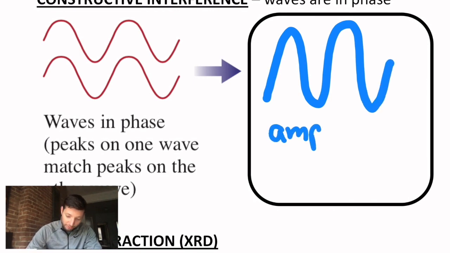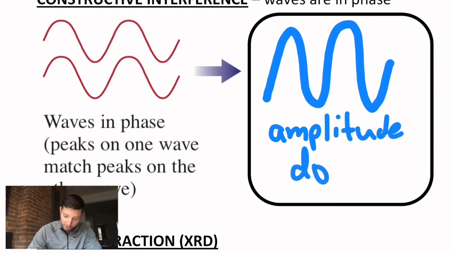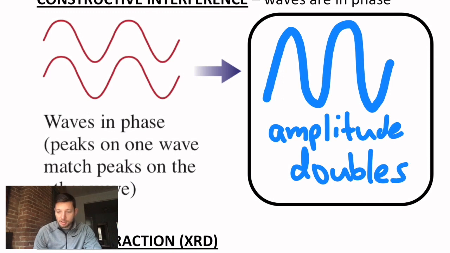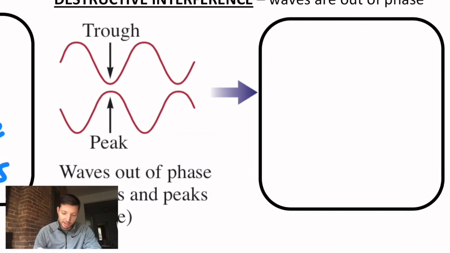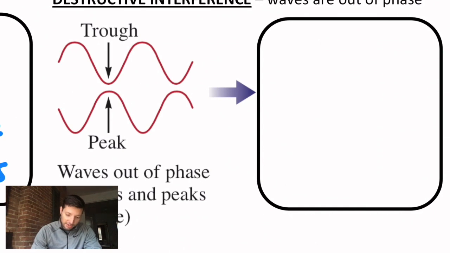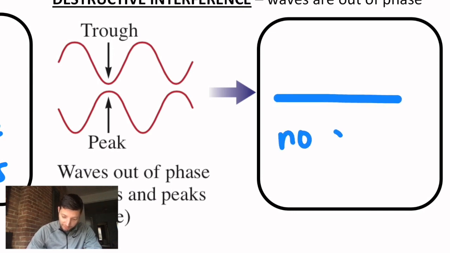The amplitude doubles. You could say it's noisier. Contrast that with destructive interference. That's the exact opposite. They're exactly out of phase, and the waves more or less cancel each other out, so you get no signal when you have a destructive interference.